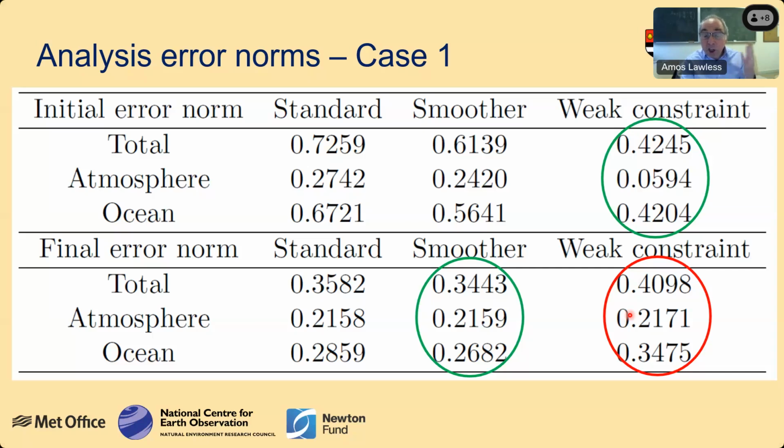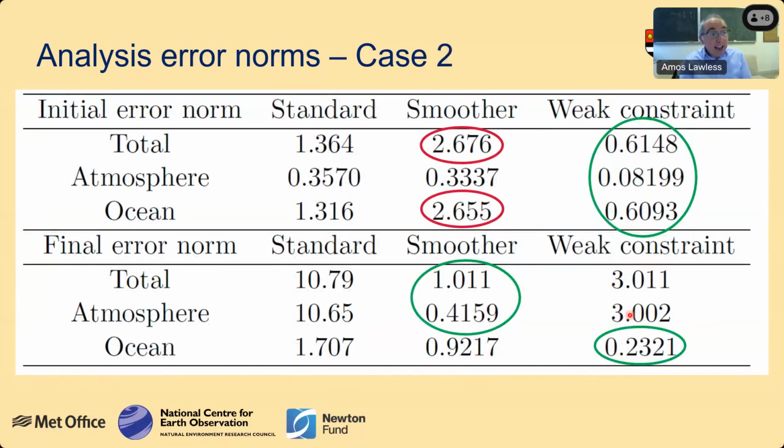However, when we look at case 2, which is of course the more chaotic one over the whole window, here we see that the weak constraint shows a lot more improvement both at the initial time and the final time. So at the initial time, the weak constraint here is showing a big improvement over the initial error norm.